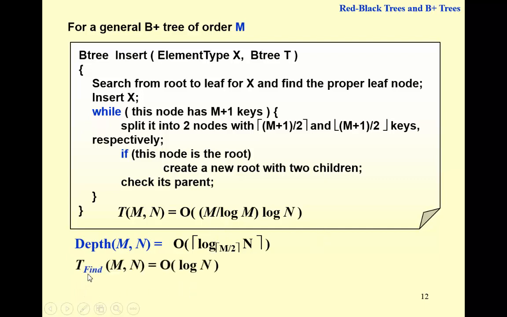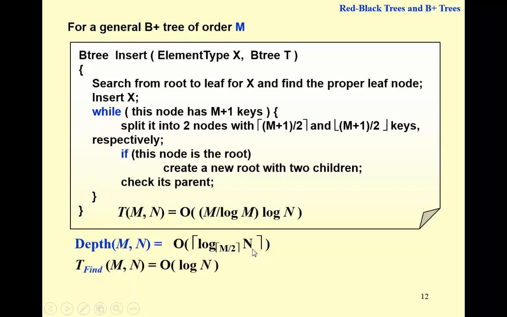And for finding the time complexity of the function, find is just big O of log n, because the time taken to find the record certainly depends on the depth of the tree. But at every interior node, in order to determine the correct branch to go, we're going to call, say, binary search. That is going to take log m time to find the proper branch at each level.